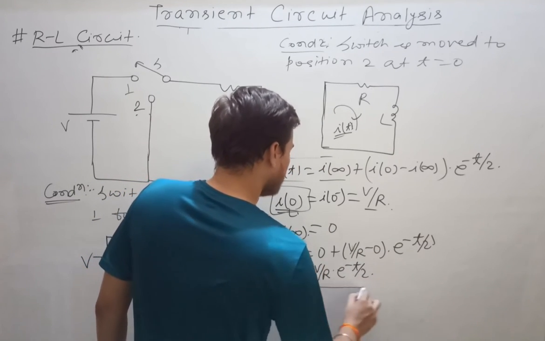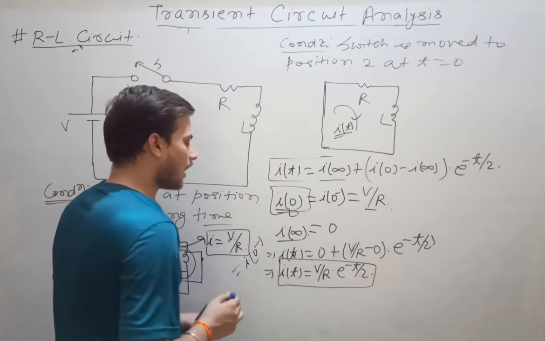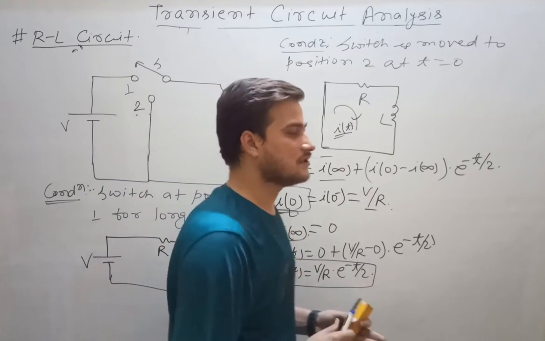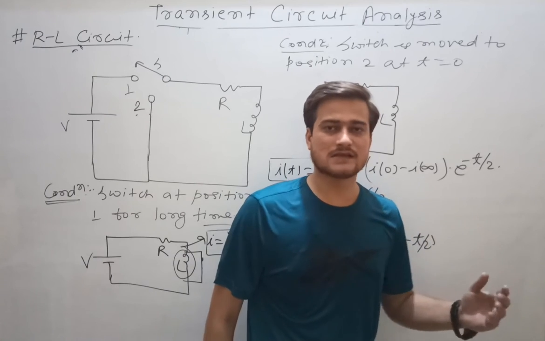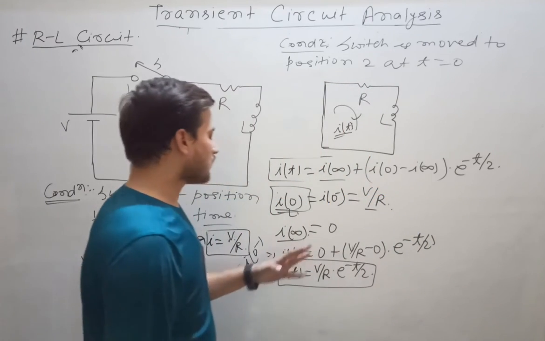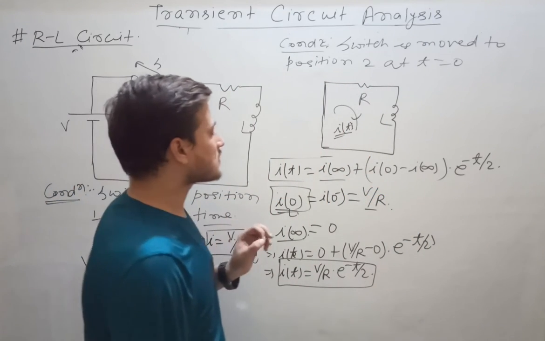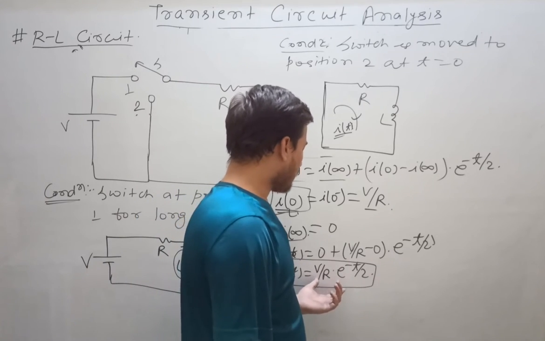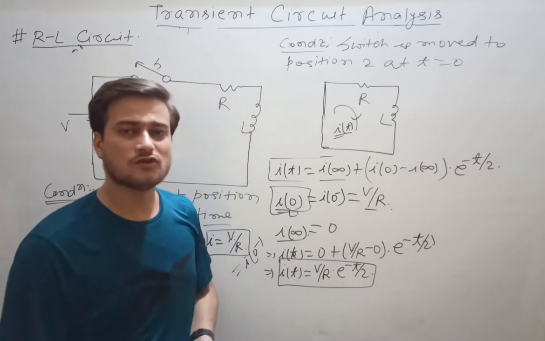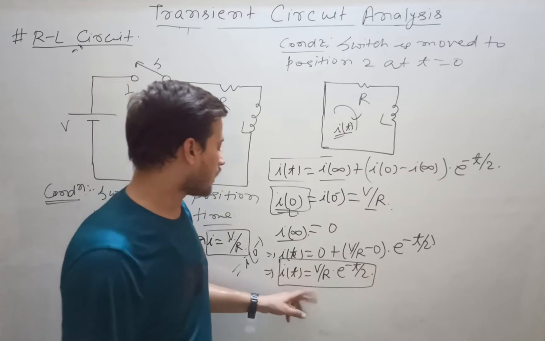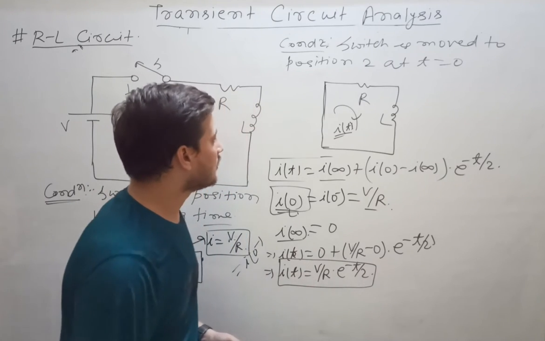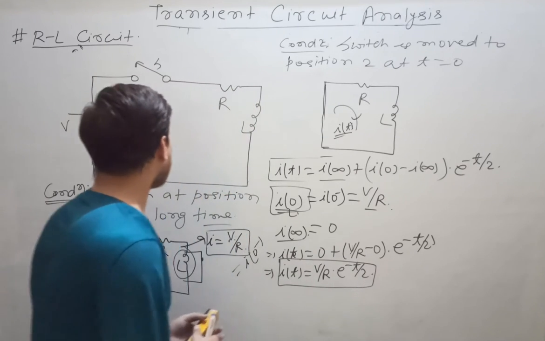But in the previous case you got the expression IT equal to V by R into 1 minus e to the power minus t by tau. So now here the expression for current is different.